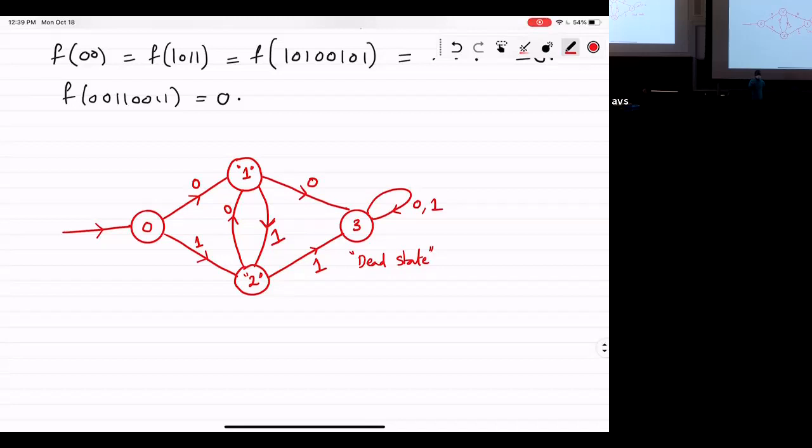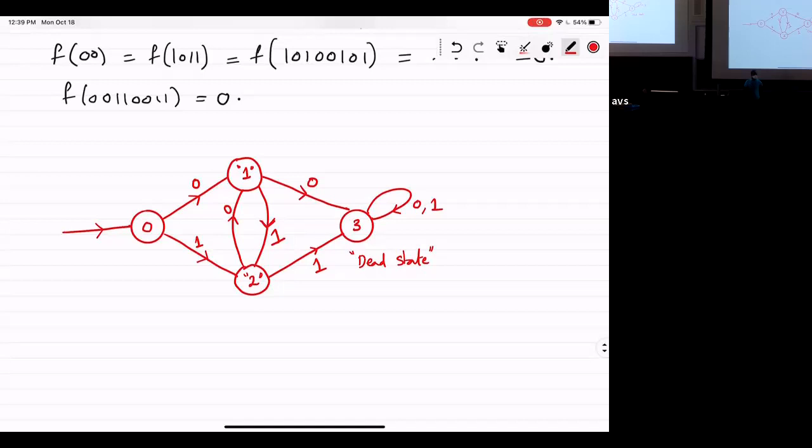Remember that whenever you draw or describe a DFA, you need to specify all the transitions. You might think these are going to some dead state, but you have to draw them, because otherwise the function is not complete. Meaning every state has two outgoing edges.